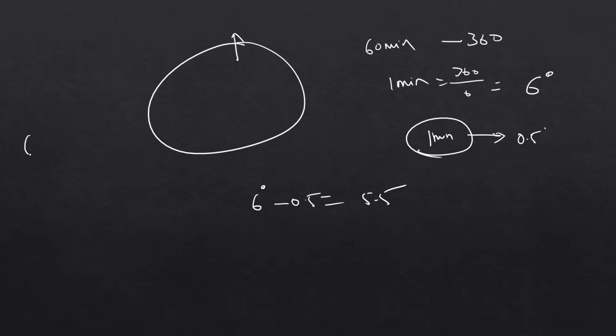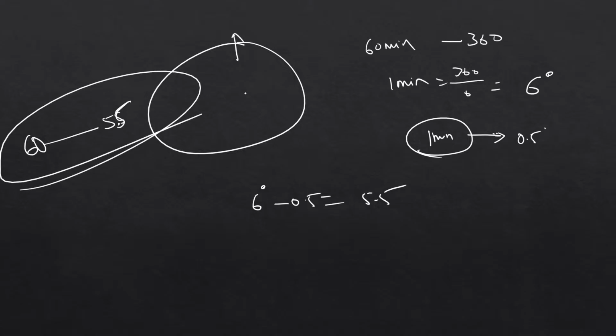If the minute hand is moving 6 degrees, the hour hand is going to move only 5.5. So if it is moving 60, it is going to move 55. That's why we are taking that 60 and 55. If the minute hand is moving 60 minutes, with relation to the hour hand it can move only 55. That's why we are multiplying angle and angle there.